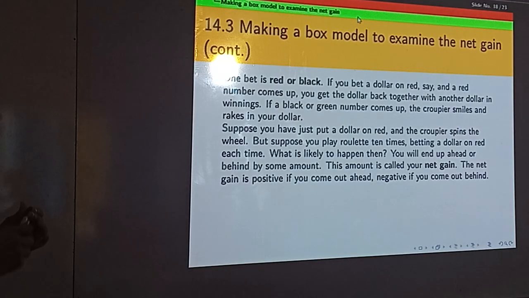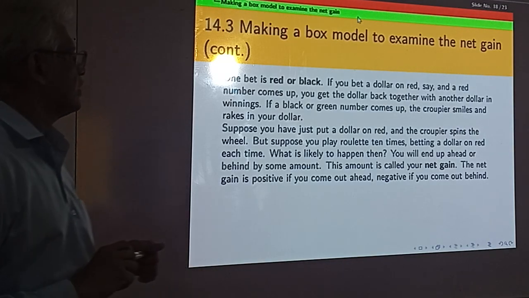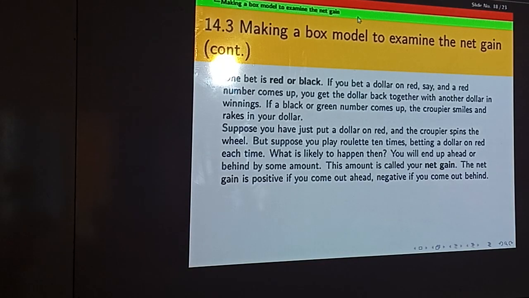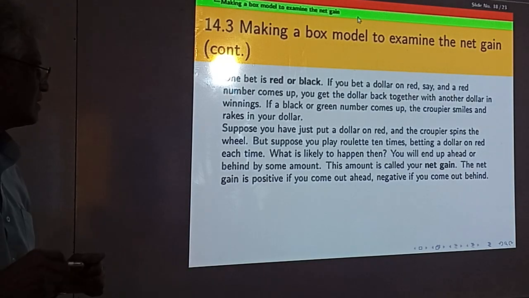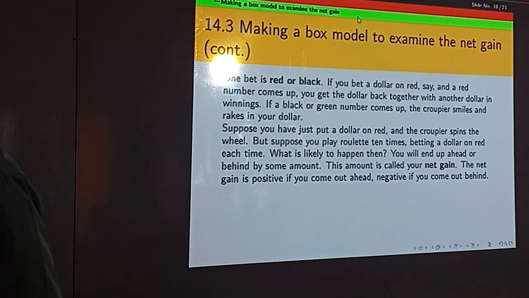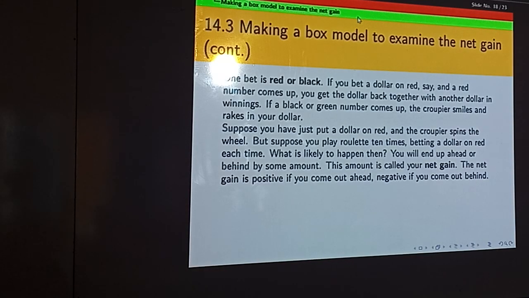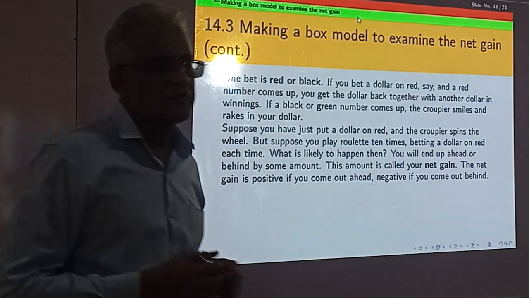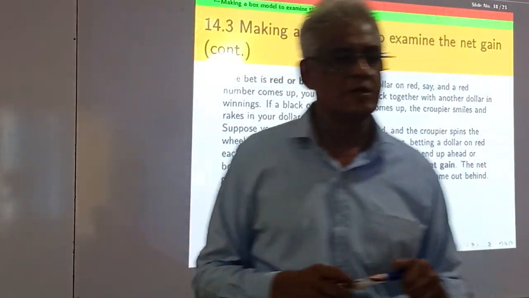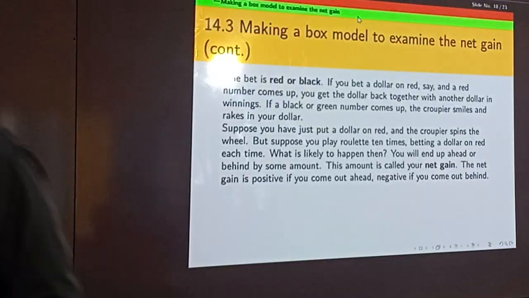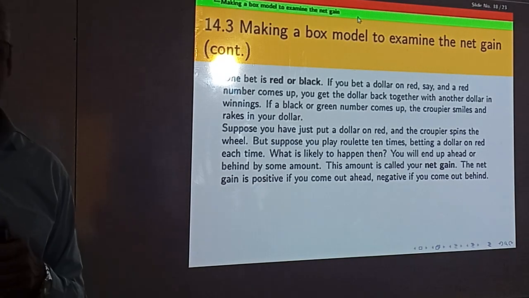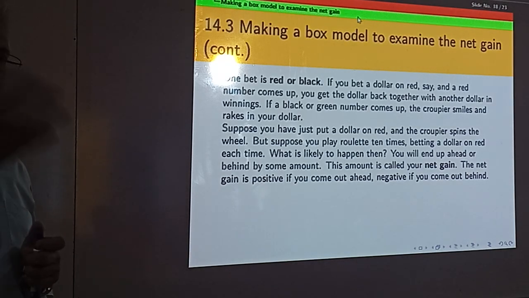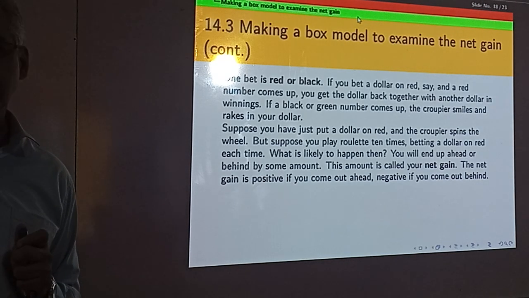So the question is, suppose you have just put a dollar on the red, and then this person called the croupier spins the wheel. But suppose you play roulette 10 times, not only one, right? So you bet one time, and then next time also you bet another $1, and next time also you bet another $1. Right? You want to see what type of gain you can get from this. So the gain will be equal to the sum of gains, right? The gain in the first time, gain in the second time, gain in the third time.